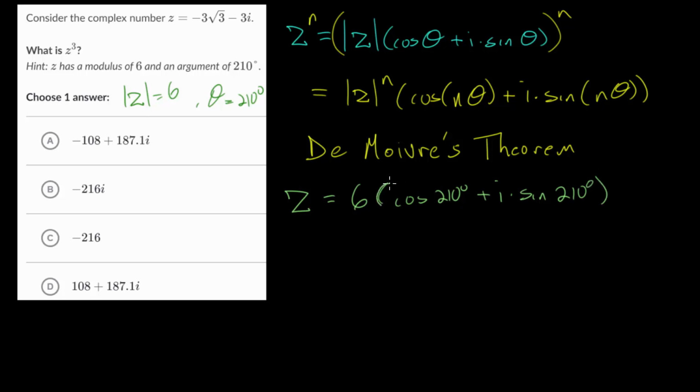Now, if we weren't told that as a hint, we can just apply the formula, since the magnitude of a complex number is just the square root of the real part squared plus the imaginary part squared. If you plot this on the complex plane, you can create a right triangle and use the Pythagorean theorem to find its modulus, its distance from the origin.